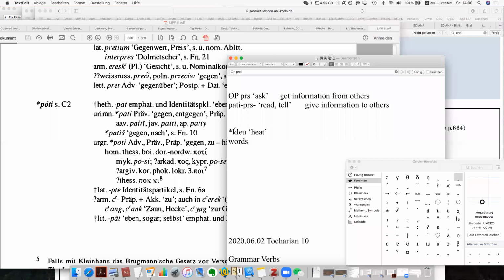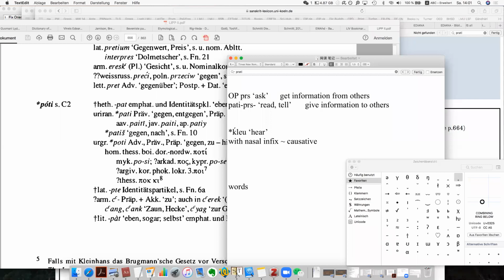So I make a summary. I hope it's, I know it's a little bit complicated. So with the nasal present, with nasal infix, you can have the causative meaning.